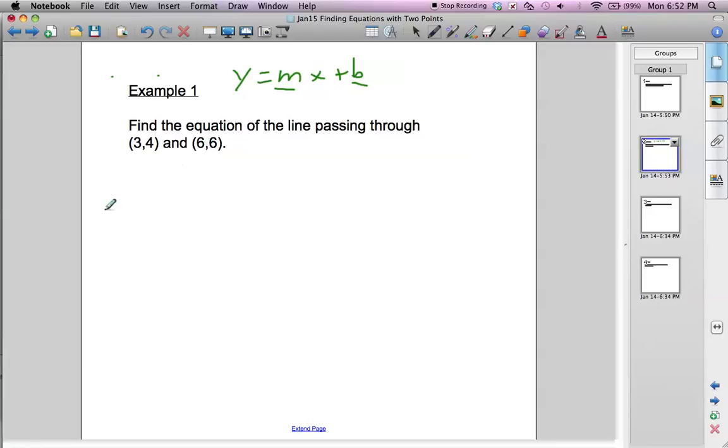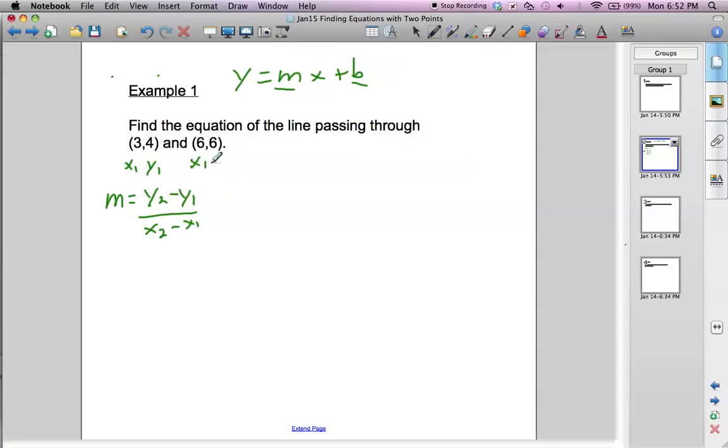If you remember, we can find the slope pretty easily by using the slope formula, y2 minus y1 out of x2 minus x1, which is basically just the difference in y divided by the difference in x.